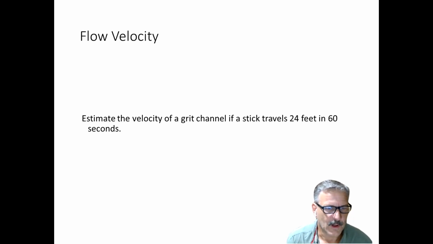Let's start with some flow velocity. You might see a question similar to: estimate the velocity of a grit channel if a stick travels 24 feet in 60 seconds. Again, this question might be similar, or it might say 2 miles in an hour, or whatever the case may be, but the velocity calculation remains the same.